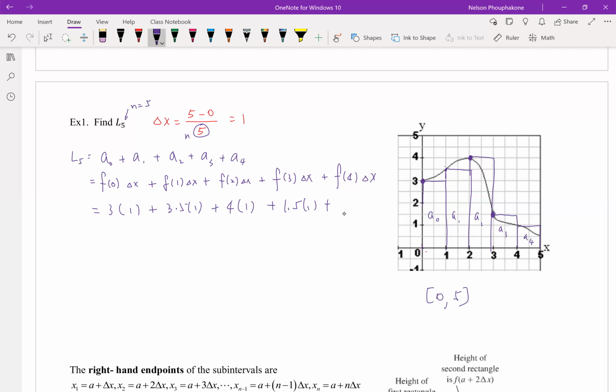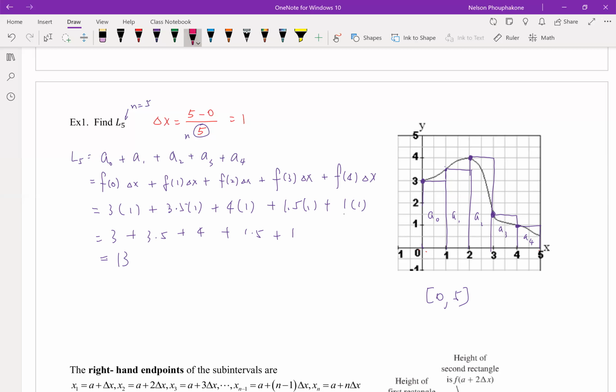And then f of 4 is 1. So basically, L sub 5 is 3 plus 3.5 plus 4 plus 1.5 plus 1. And then, of course, we know that the answer we have is actually 13.